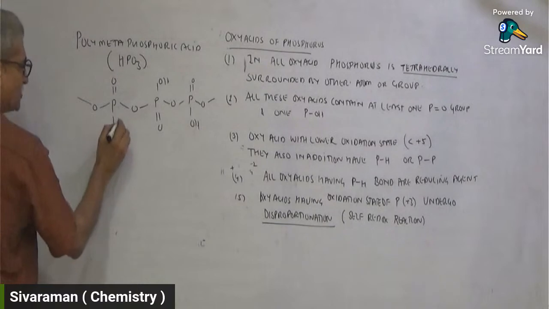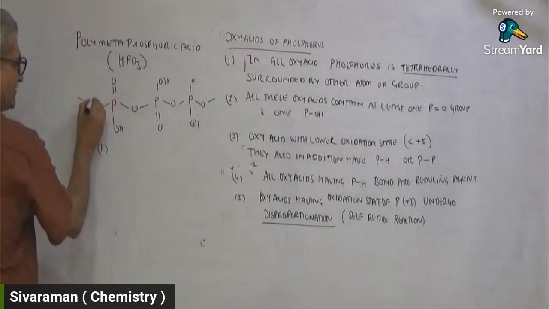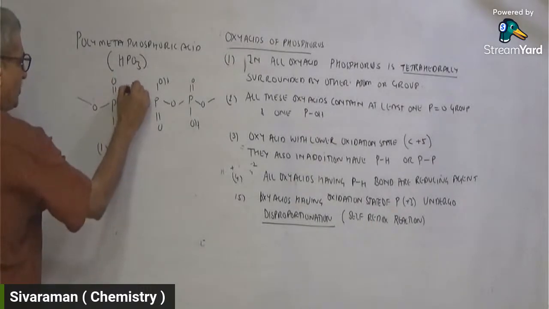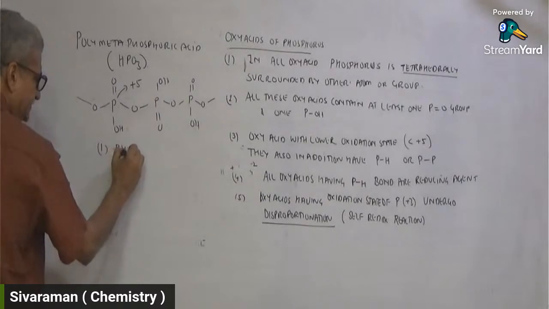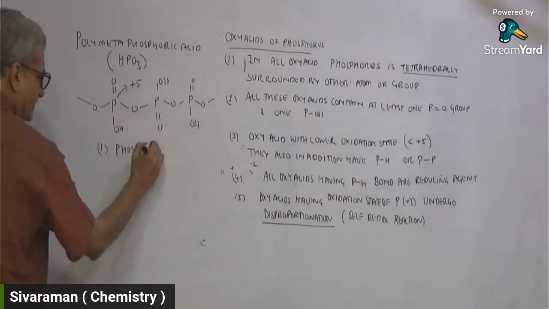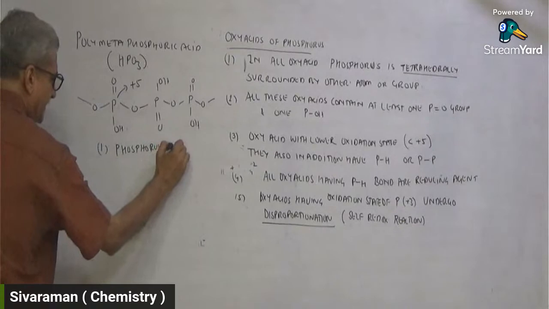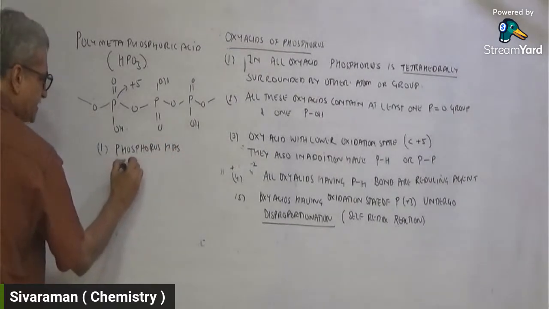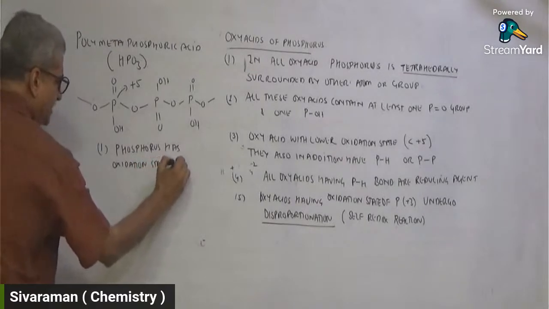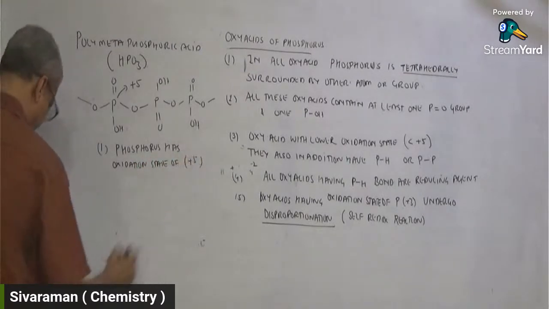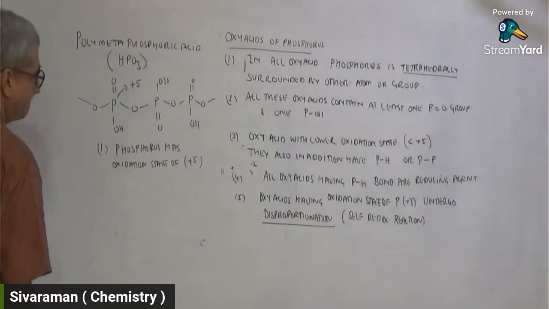First and foremost, the oxidation state of phosphorus is +5.